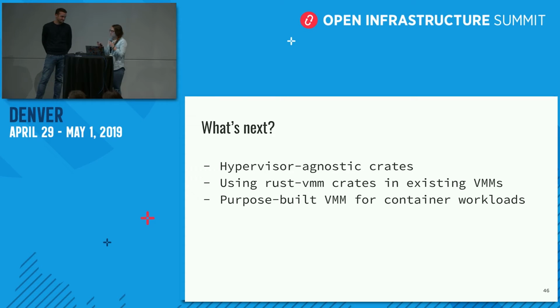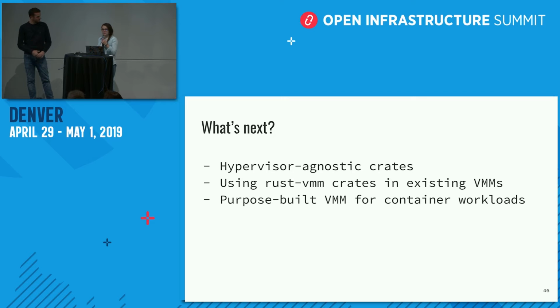So, what's next? Actually, we have a session at PTG tomorrow and Friday, where we are going to talk about what we want to do in the future. But right now, we are thinking about adding hypervisor agnostic crates, and there are already some pull requests trying to do that. And specifically, we are adding Windows support and Hyper-V.